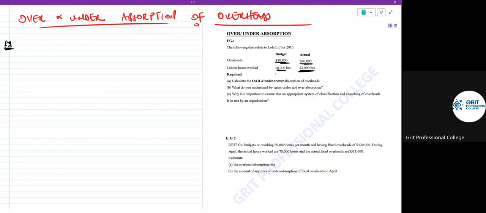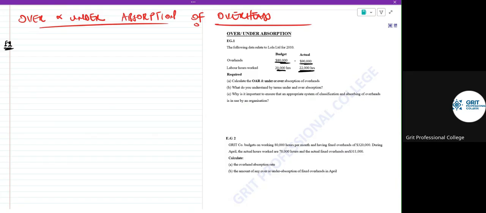The main issue for us here is that it may be very difficult to use that $10,000 difference to evaluate our performance, to say we have done well or we have not done well. Why is that so?